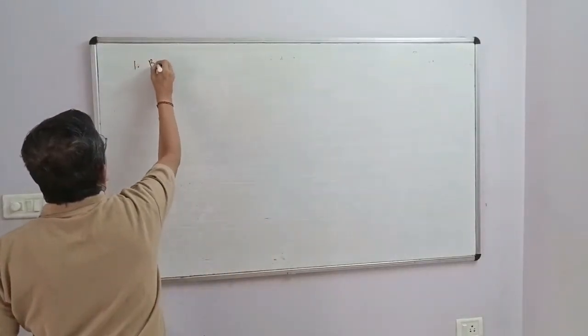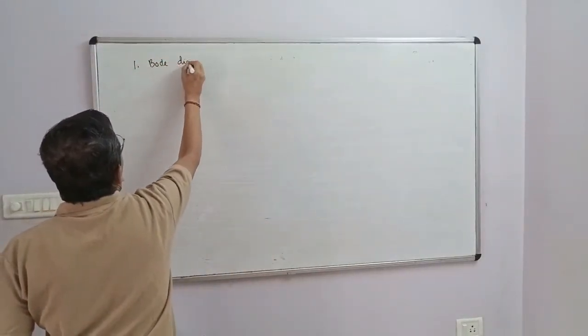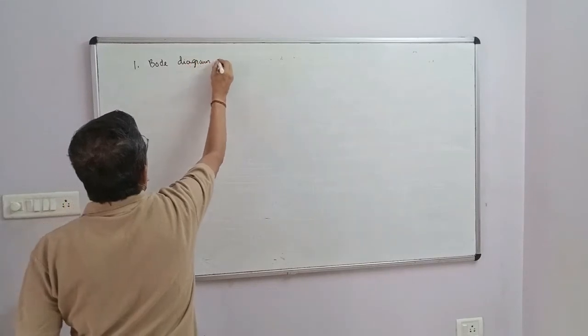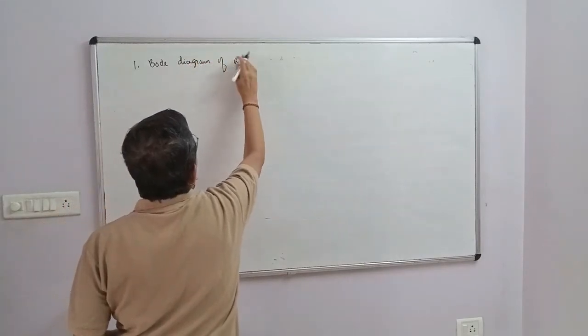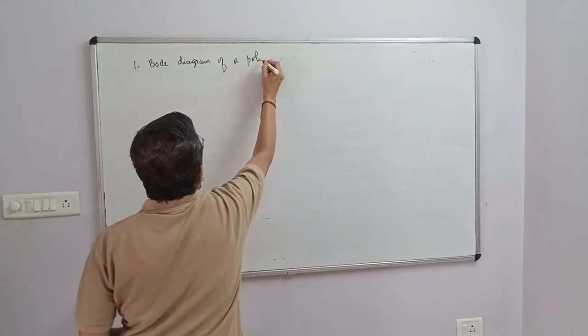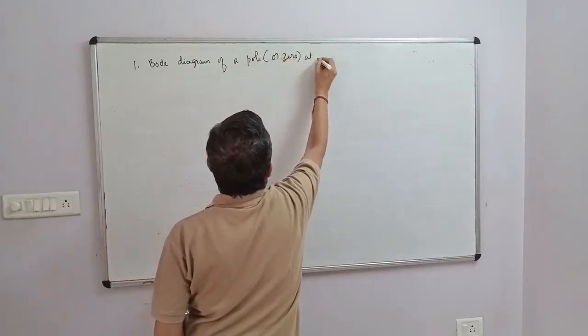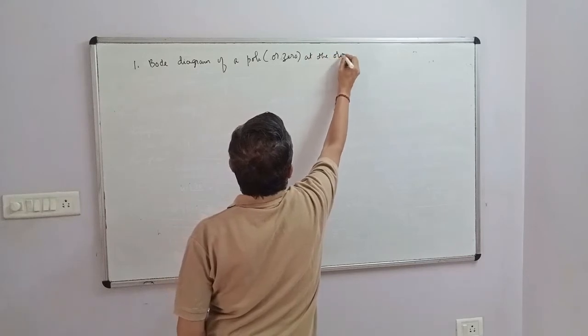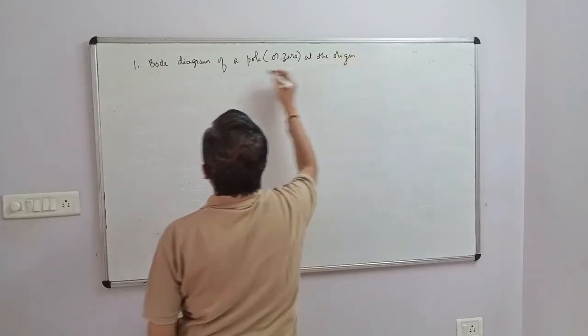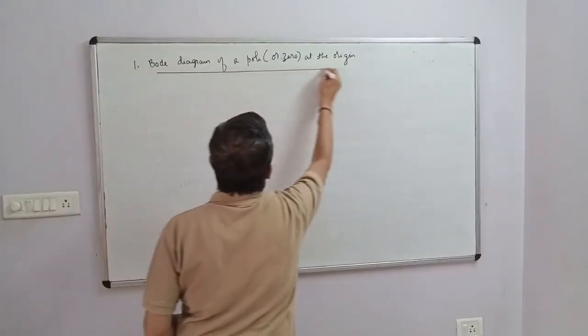First one, Bode diagram of a pole at the origin. Pole at the origin is the first case.